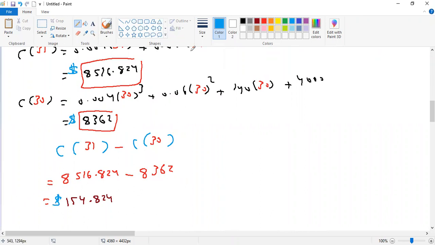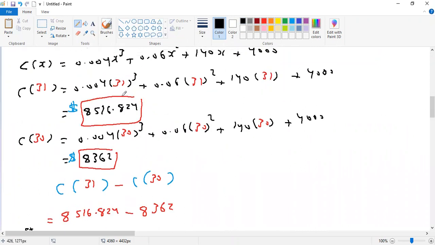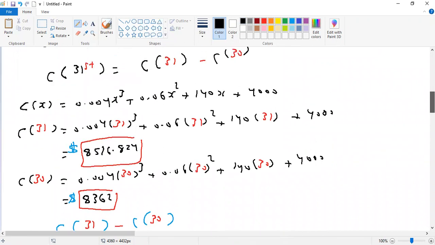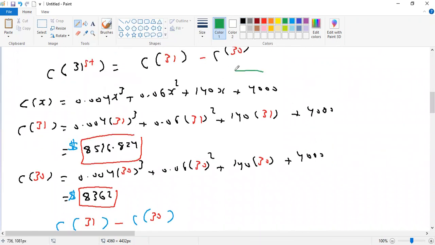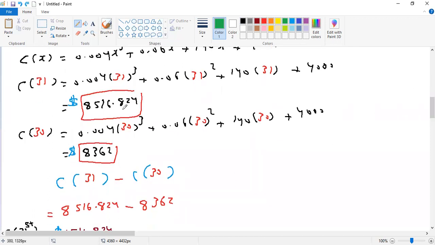This is 31 minus 30. This is not a derivative. This is the exact cost of the first unit after 30. We replace 31 and 30 in the main function. We have 8,516.824 for the total cost of producing 31 units, and 8,362 for producing 30 units.